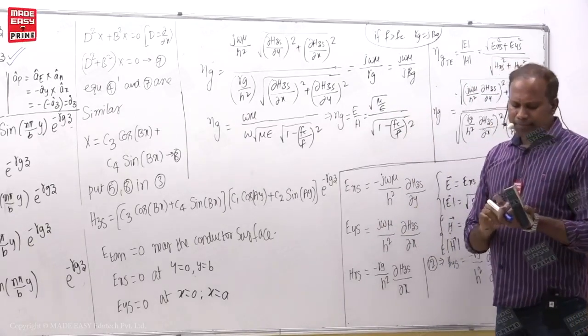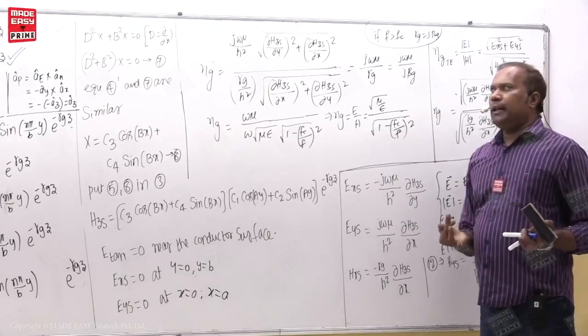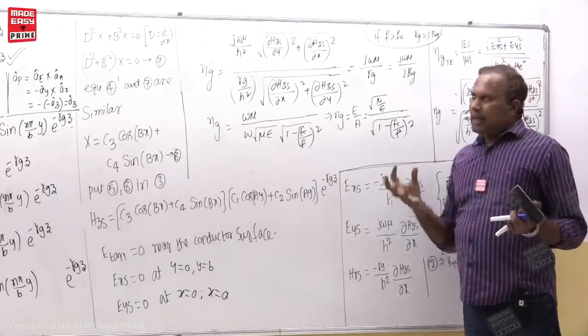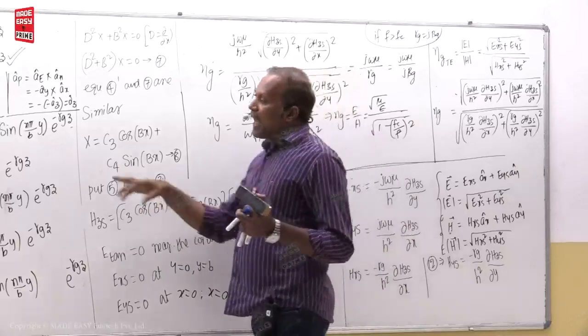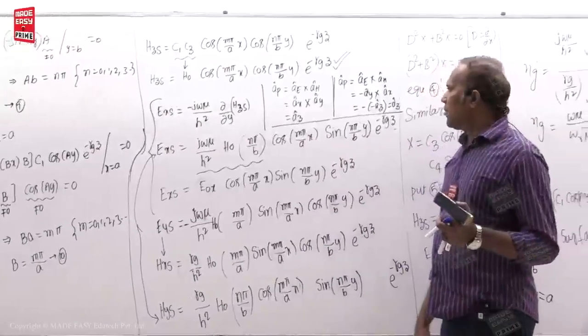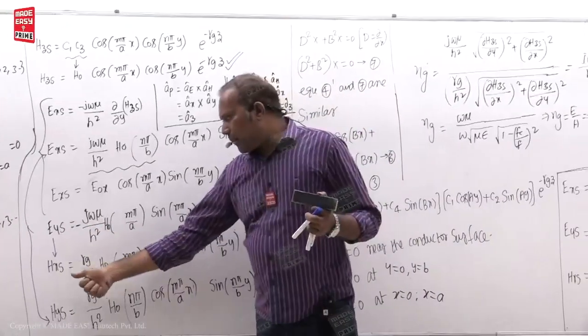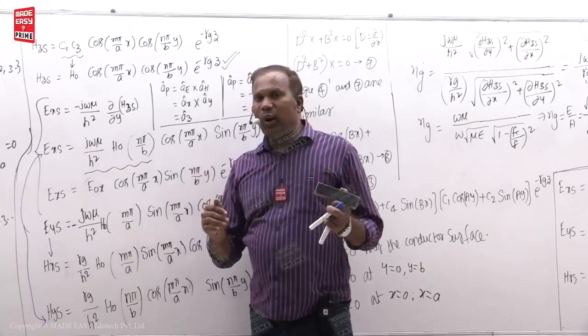So my dear students, till now what I have explained is that for the TE mode, the main component is HZS. That HZS generates the other components, and they carry the power. Later on we will see that the electric field Y component and magnetic field X component carry power in TE10 mode.